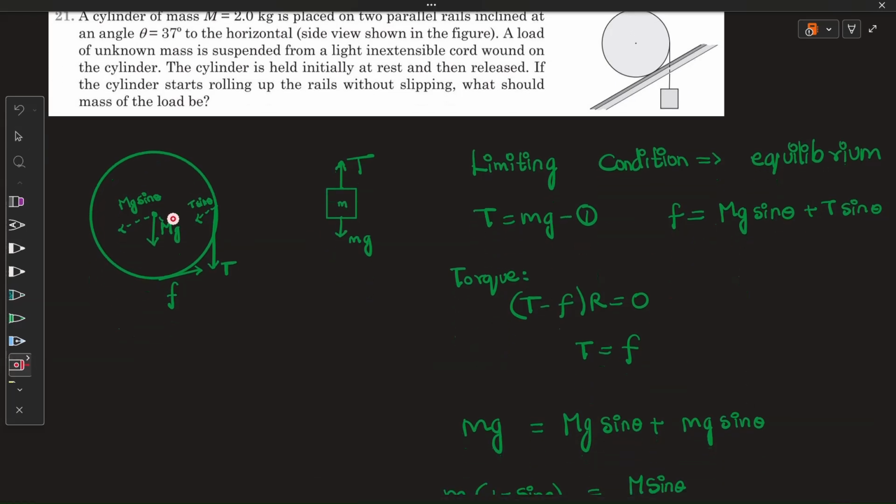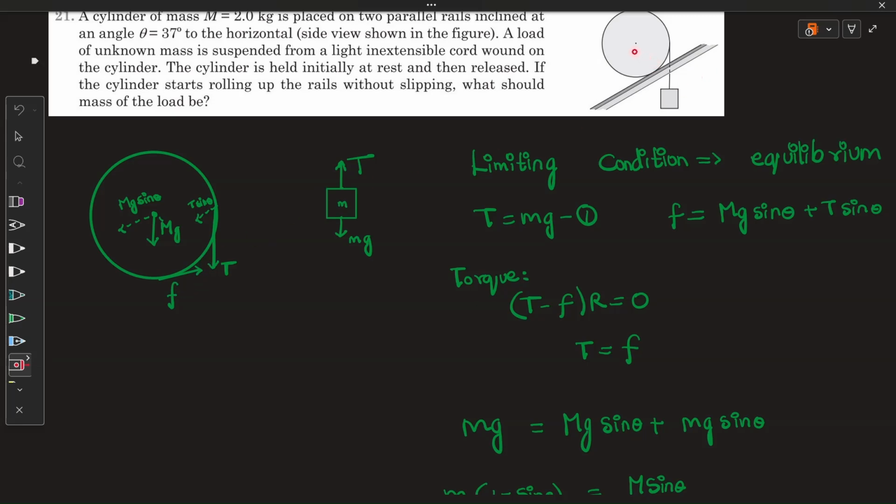Now let's go for the torque, about this particular center. For torque calculation, the center should be selected where the maximum number of forces intersect. Here T and mg are there, so this is the maximum point. This seems easy, because all other distances can be measured from here. Each and every distance is the radius.